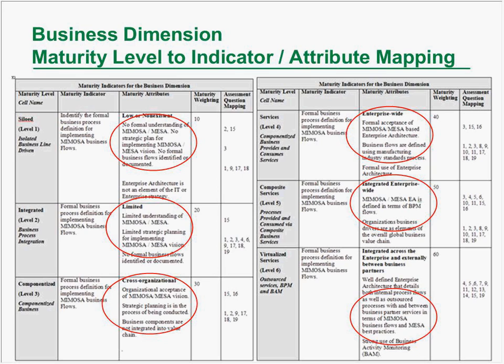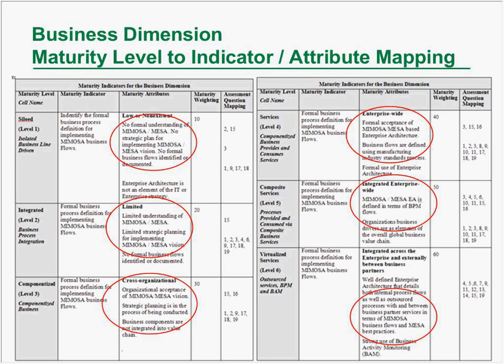And we make a distinction about the particular component that we are evaluating, or organization or department, and we say that the cross-organizational behavior would be measured by verifying and validating that the organizational acceptance of MESA vision is in place, and that the strategic planning is in the process of being conducted. All right, so it's evolving, and the business components are not integrated into the value chain, right? So in this case, this is not really where we want to be. We certainly want to be probably up near composite services.